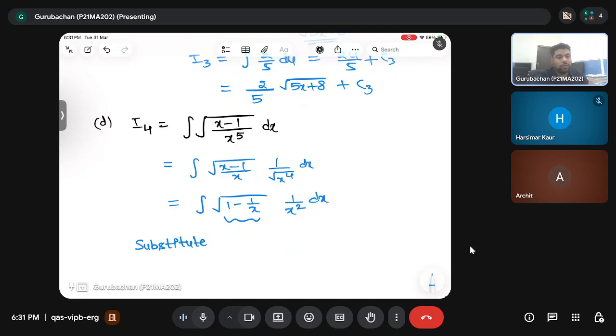If you have any doubt, anyone, Harsimer or anyone, you can stop in between and ask. So suppose this is u, then what will be the differentiation of this one?